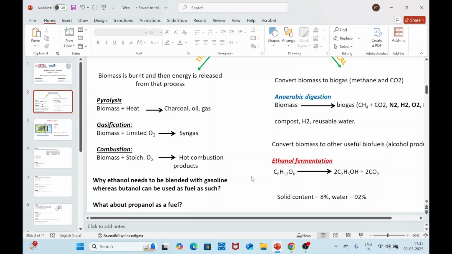That is the only purpose of the additional dehydration step, wherein you can convert the hydrous ethanol to anhydrous form, and then it can be blended with gasoline so that the calorific value can be enhanced, it can produce more energy, and the process can be more energy efficient.